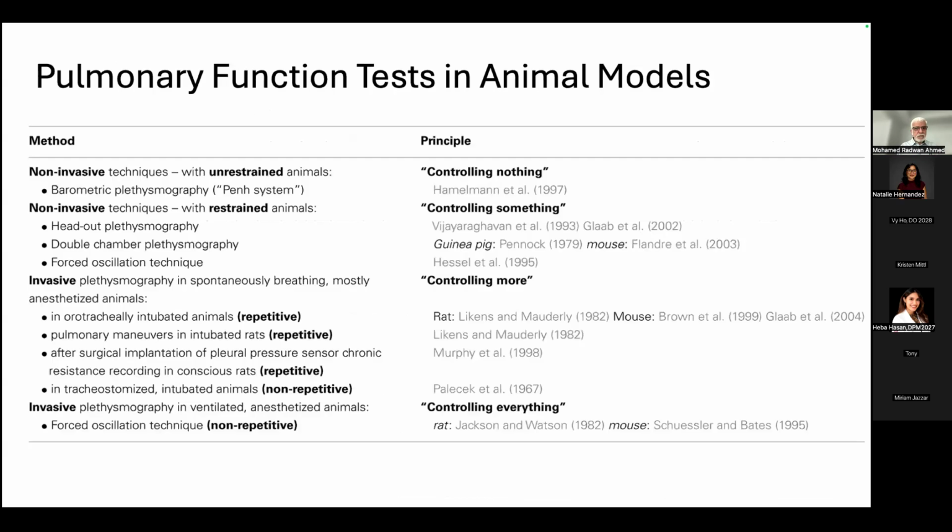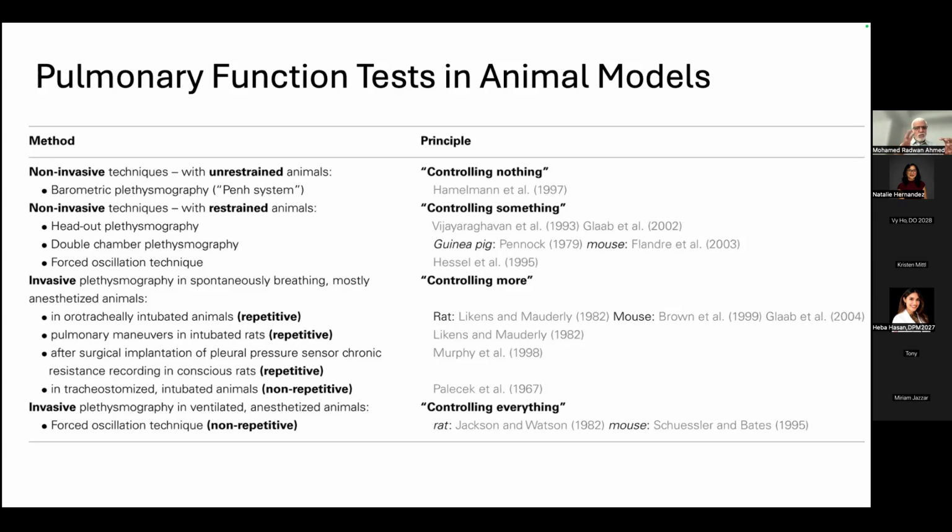As we talked about, the non-invasive method means a technique without any restraints on the animal, and you control nothing in this. There is no control in that. An example of this is barometric plethysmography. Or non-invasive where the animal is restrained. We see the picture now: we put it in a plastic tube, you put the head out, and you do the plethysmography.